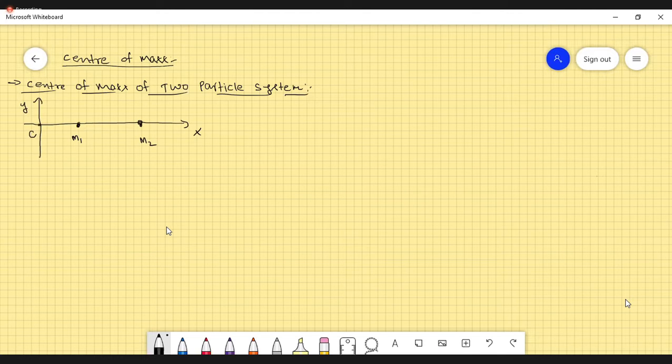From the origin, the mass m1 is at a distance of x1, and the mass m2 is at a distance of x2.